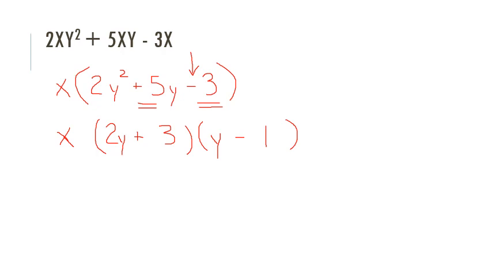But I can see that this is going to be problematic. If I just multiply the outside terms, I get negative 2y. And the inside terms will be 3y. And if I combine them, they will add to 1y. Not what I was looking for at all. So I like the idea of the 2 being multiplied with the 3.